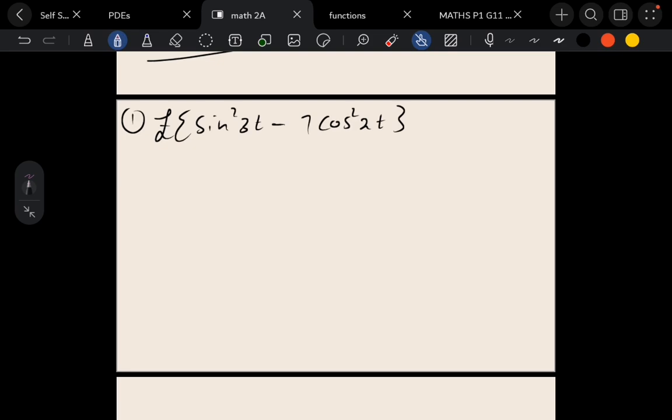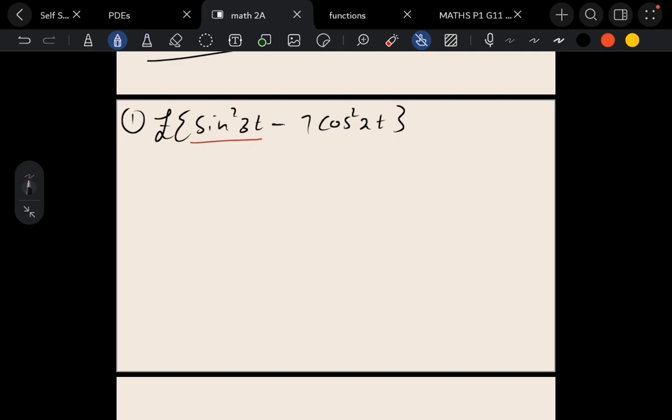So how would you calculate such a thing? In your notes, you are provided with some trigonometric and hyperbolic function definitions. So you need to use them as wisely as possible. Whenever you need to find the Laplace transform of sine squared 3t, just know that there is no direct Laplace transform of sine squared 3t.